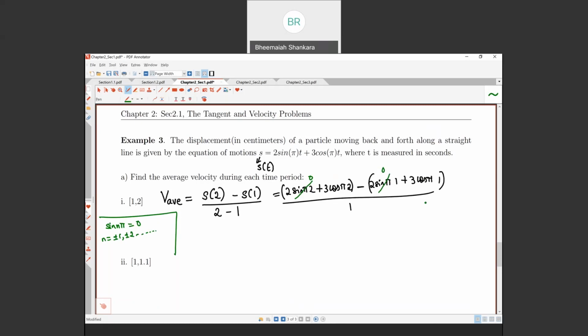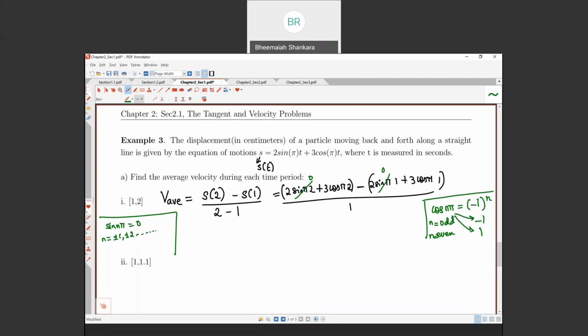Similarly, you want to remember a cosine expression value. Cosine n pi is generally written as negative 1 to the n. If n is odd, cosine n pi will turn out to be negative 1. If n is even, the cosine n pi value will always be positive 1.